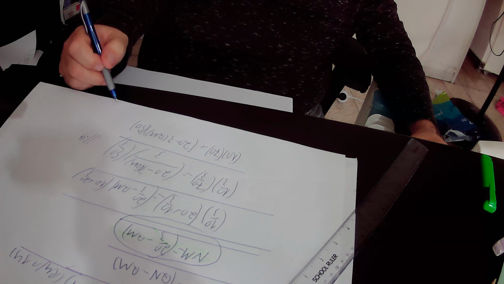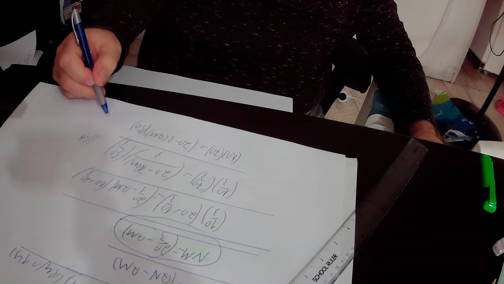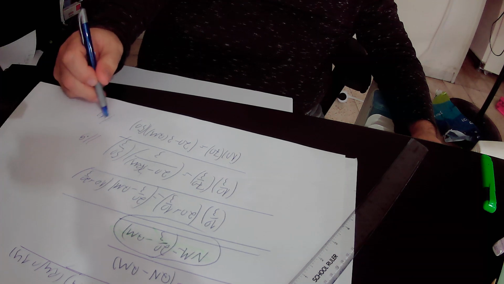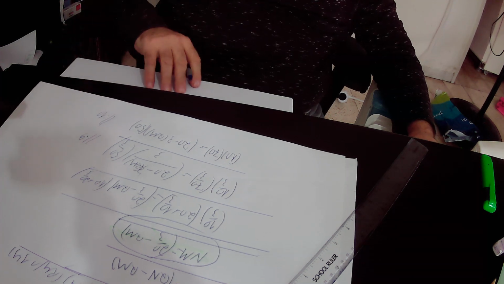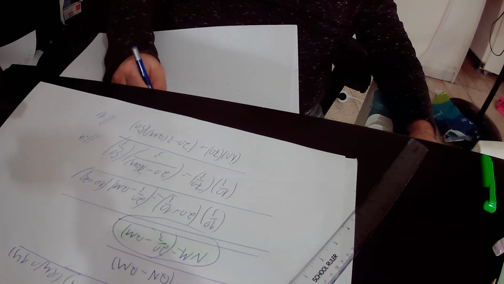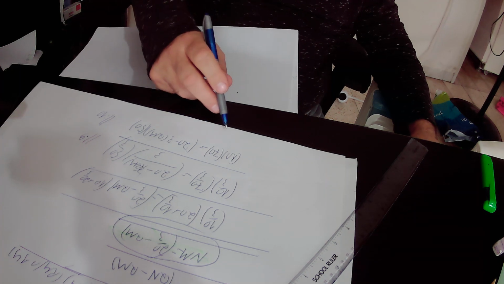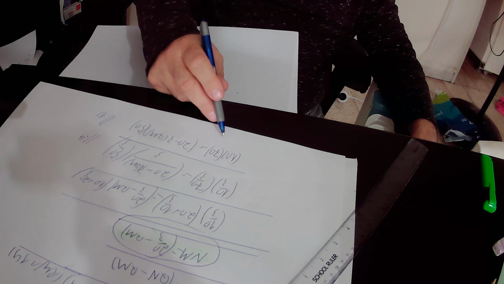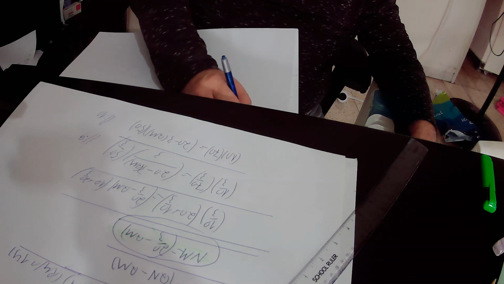Here we divide this equation by 10, and on this side we have 10 over 10, that is 1, so we are left only with 70.